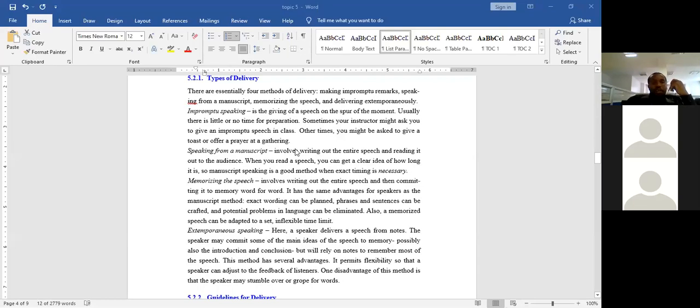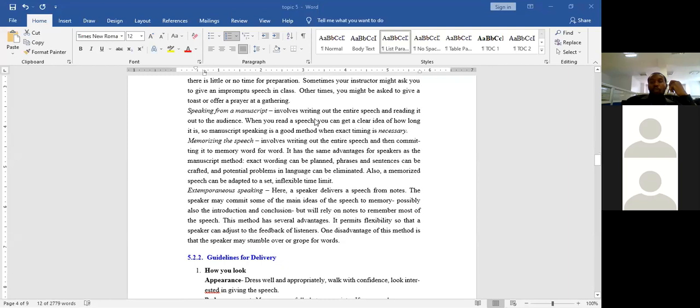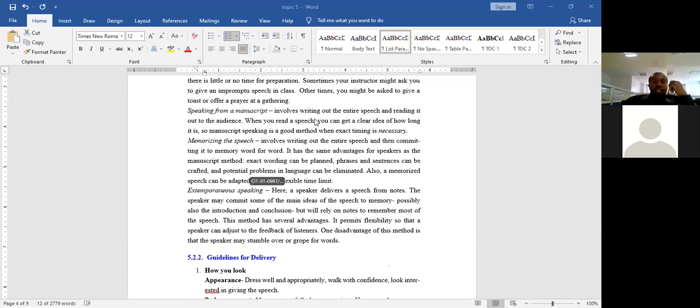So that is it, we have memorizing the speech. We also have extemporaneous speaking. In extemporaneous speaking, the speaker delivers a speech from notes. The speaker may commit some of the main ideas of the speech to memory, possibly also the introduction and the conclusion.